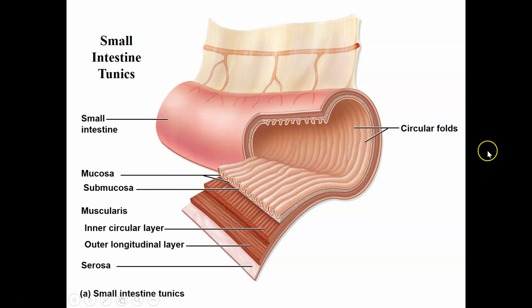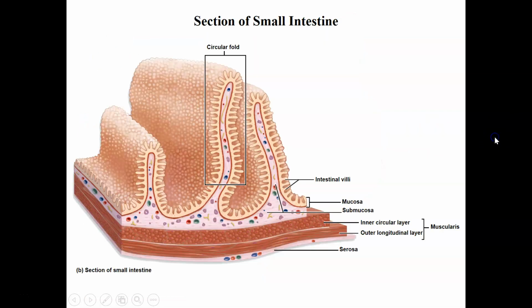All right, so that's kind of the macroscopic modification. You can see that with the naked eye, these circular folds. It's sort of like a bunched up rug. Now we're going a little bit more microscopic, and here's a section of the wall, submucosal layer, and you can see the circular folds.